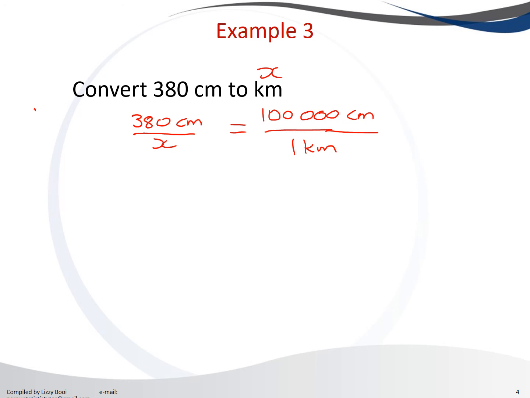So we're going to cross and multiply: 380 centimeters multiplied by 1 kilometer, and I'm also going to divide this side by 100,000 centimeters, and I'm going to say it's equal to x.